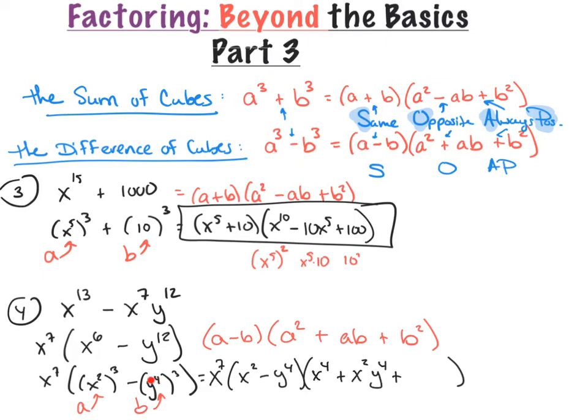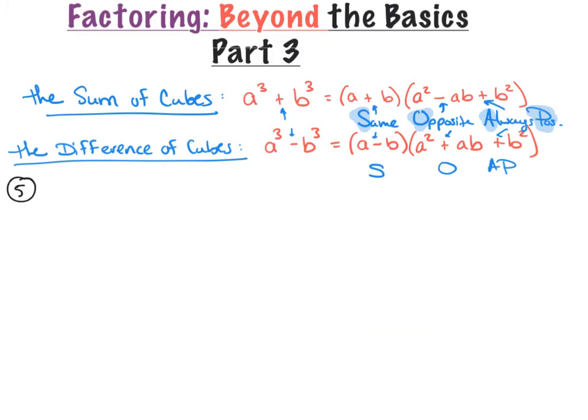And then finally, squaring y to the 4 gives us y to the 8. So our answer still has the x to the 7 out front, times x squared minus y to the 4th, multiplied by the quantity x to the 4 plus x squared y to the 4 plus y to the 8. Okay, let's do a couple more examples before moving on.